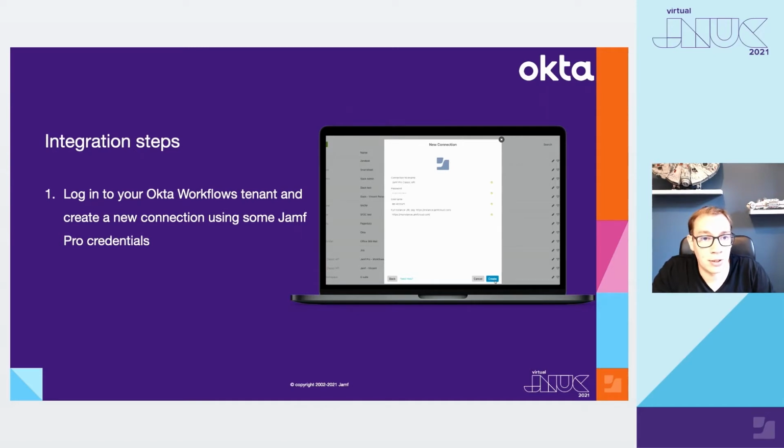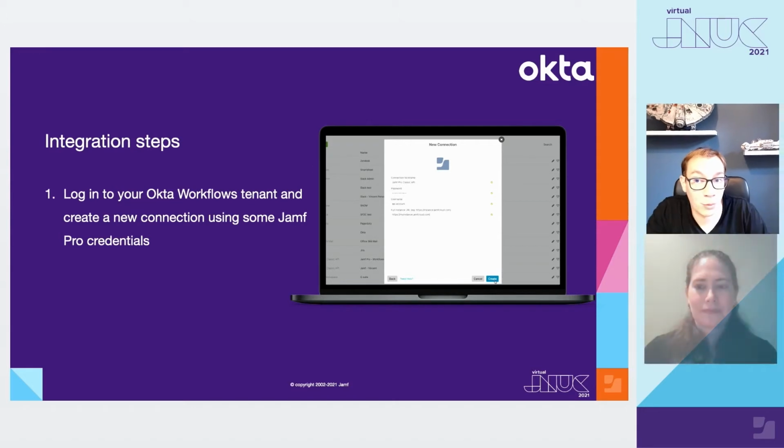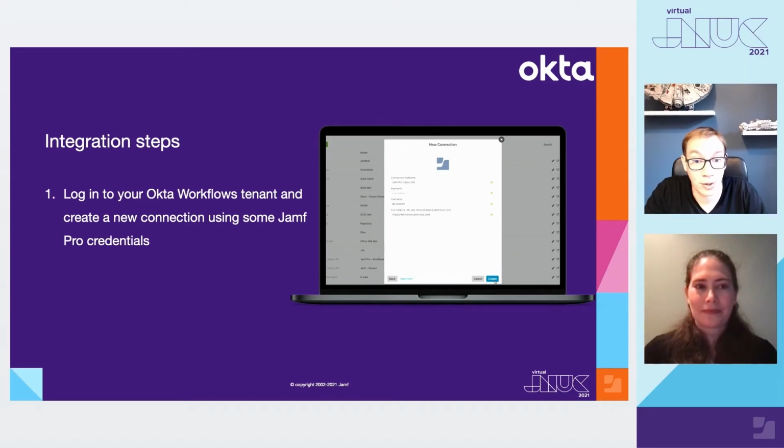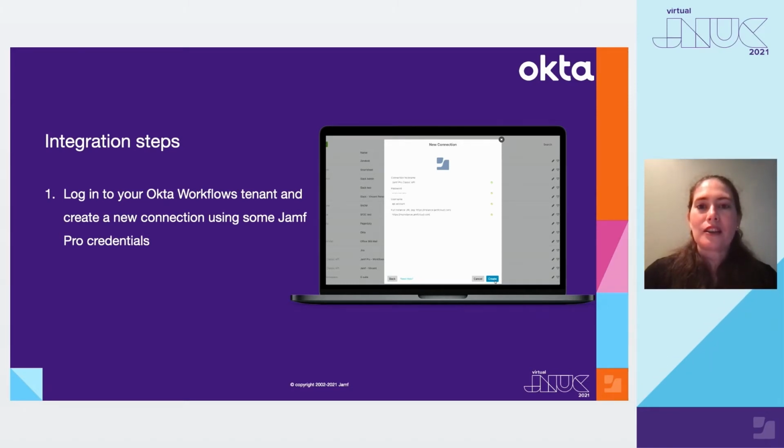And by the way, Emily, can you remind people how to request access to the Okta Workflows feature if they want to try it? Of course. If you're an existing Okta customer, you can access Okta Workflows from the Workflows console link within the Okta admin dashboard. If you're new to Okta, you can create a trial tenant at developer.okta.com.